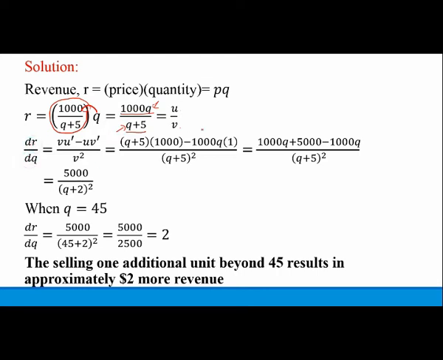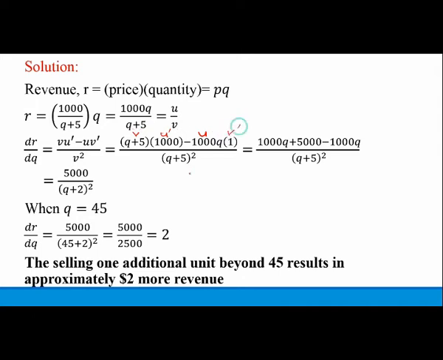So what you will do, you use the formula vu prime minus uv prime divided by v to the power of 2. This one is v, so I quickly put this one to the power of 2. This is v, this is u, and this is u prime, 1000 differentiate for Q becomes 1000, and Q plus 5 differentiate for Q will become 1.